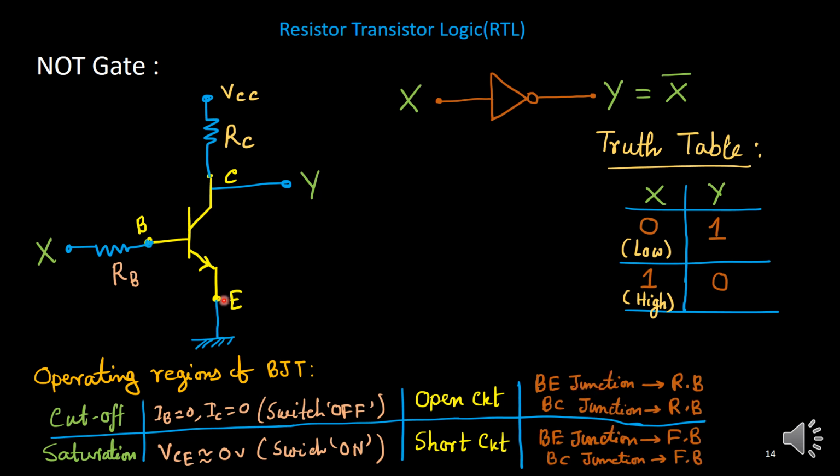We should choose RB in such a way that we get sufficient, huge base current, and that the base-collector junction is also forward biased. Then it is in the saturation region and the collector-emitter is almost shorted. Actually, VCE will be around 0.2 volt, which we will roughly consider as 0 volt. So this is switch on, a short circuit.